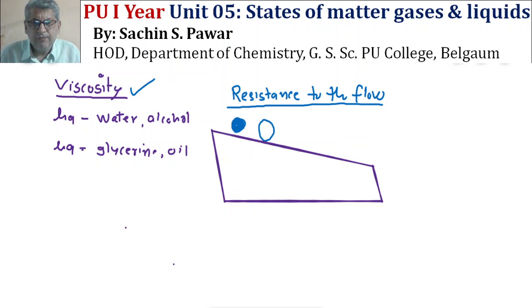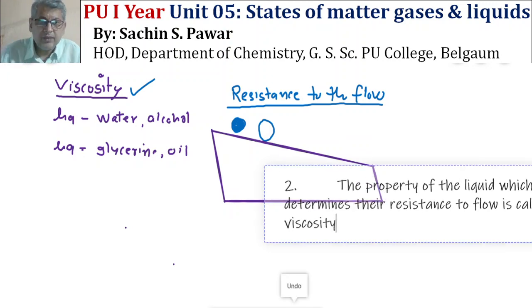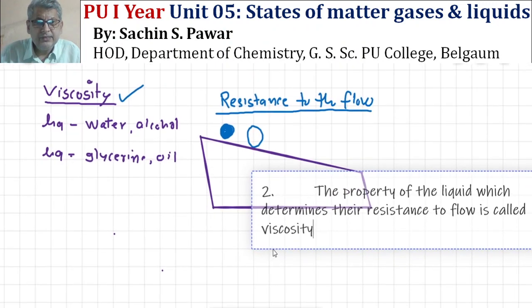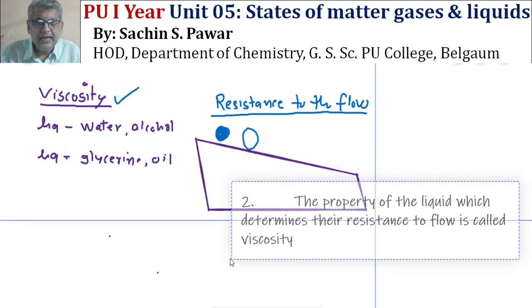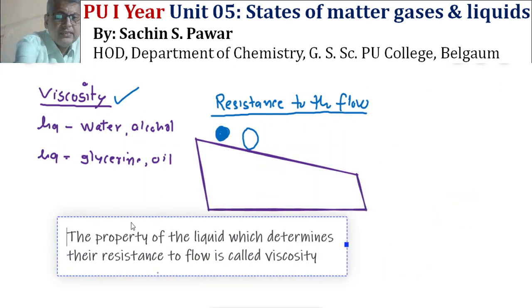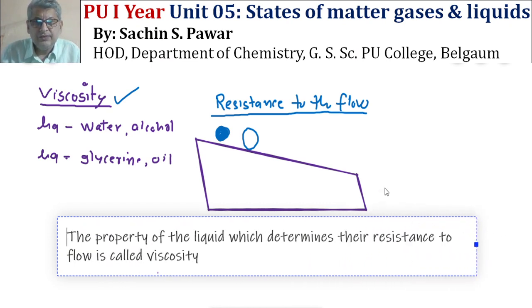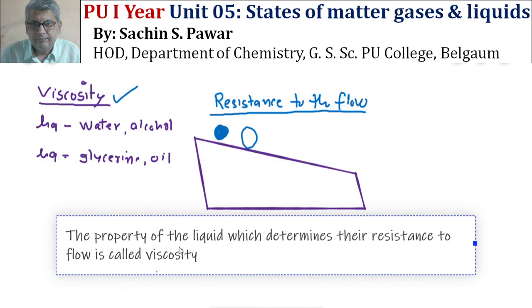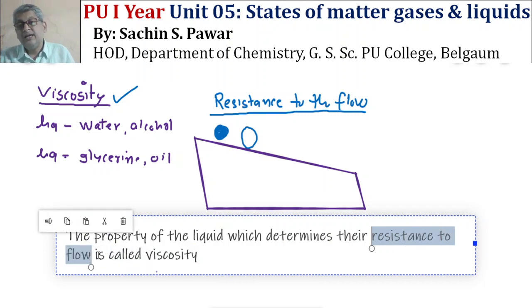The property which determines the resistance to the flow of liquid is known as the viscosity of the liquid.